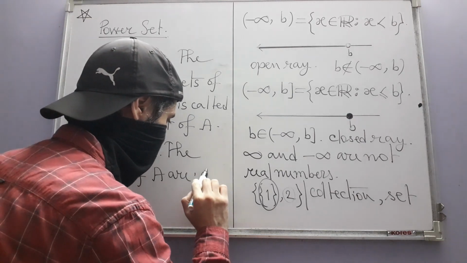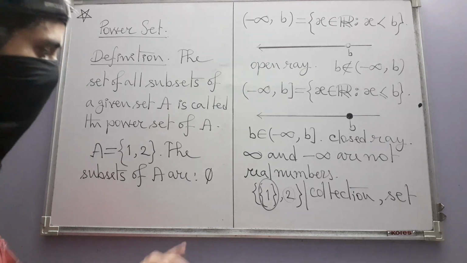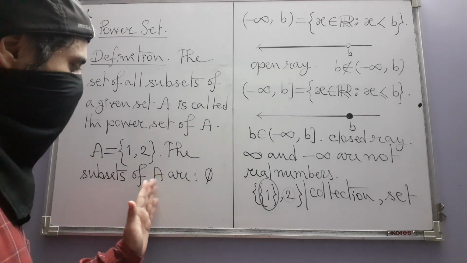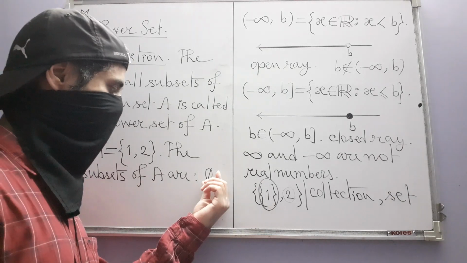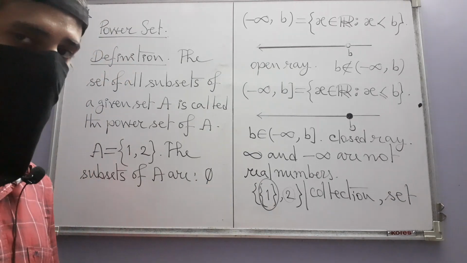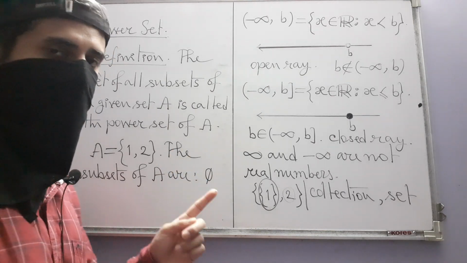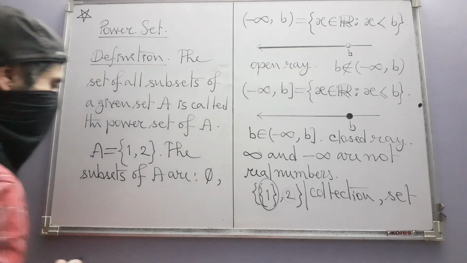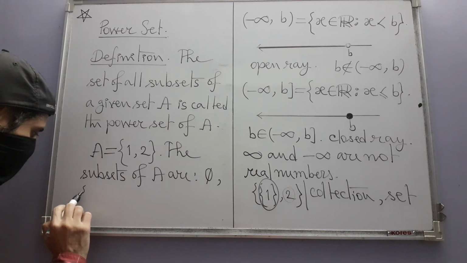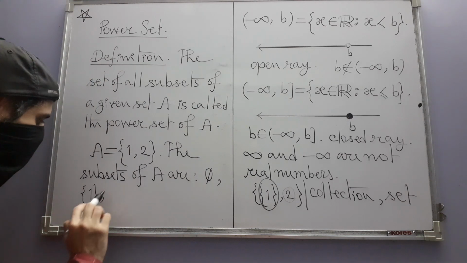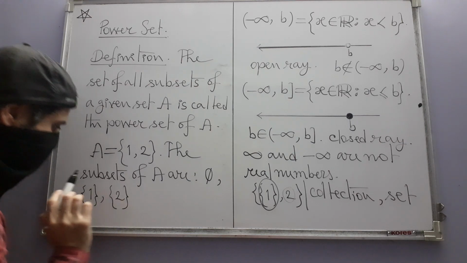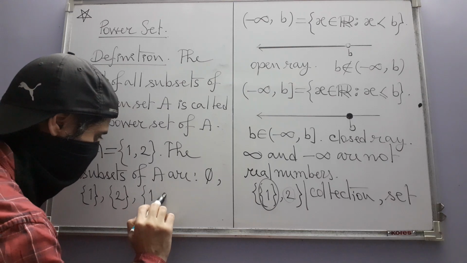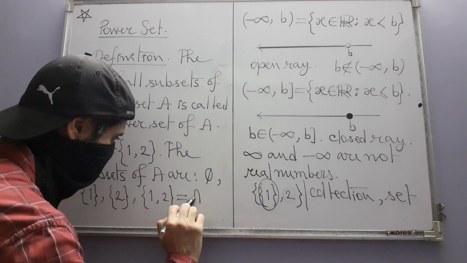Now, what are the subsets of A? Of course, first of all, you should never forget that the empty set is a subset of every set. So whenever it comes to listing all the subsets, you first mention the empty set so that you do not forget. Actually, there is no need to mention the empty set first, but we do so. Customarily that's the way of writing things. But then these singleton subsets of A exist, and there is this subset also, which is A itself.